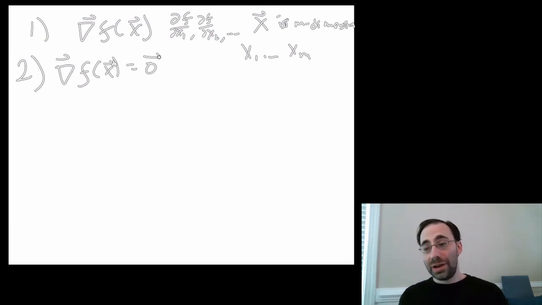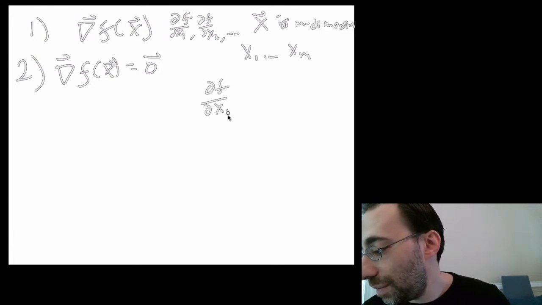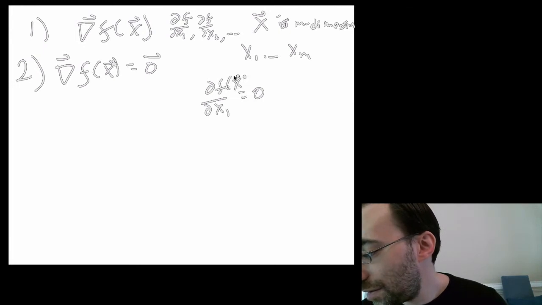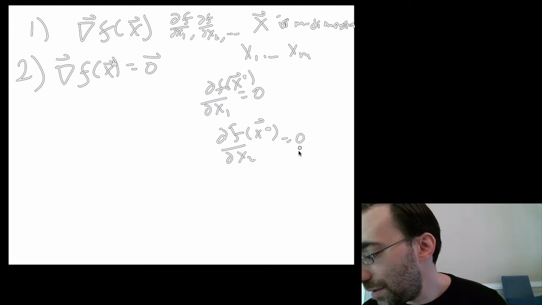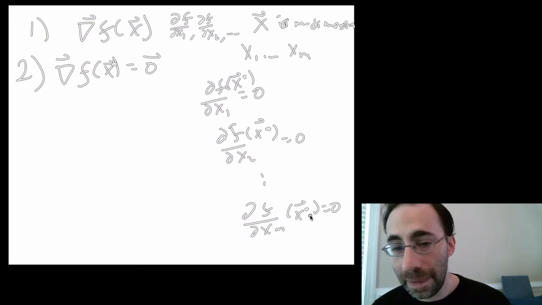In practice, this would be trickier because now we actually have m equations, right? For every component, you have one equation. So you have df dx1 equals 0, evaluated at vector x star, and then df dx2, evaluated at vector x star, equals 0, and so on down to df dxm at x star equals 0.